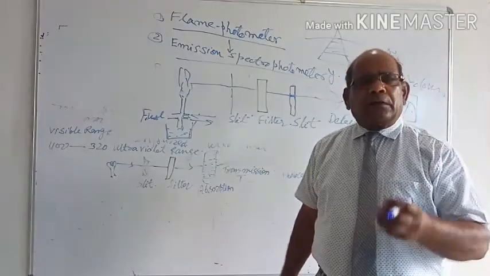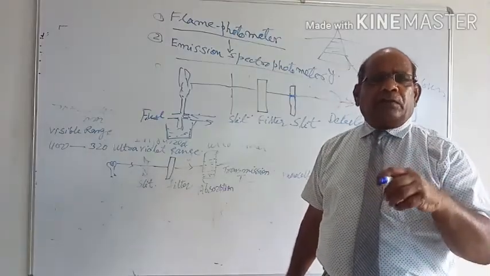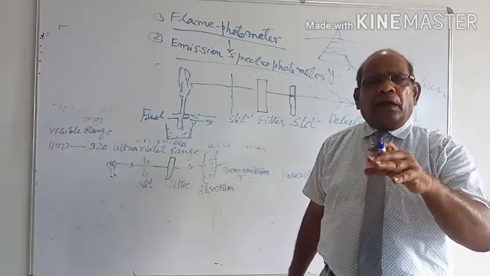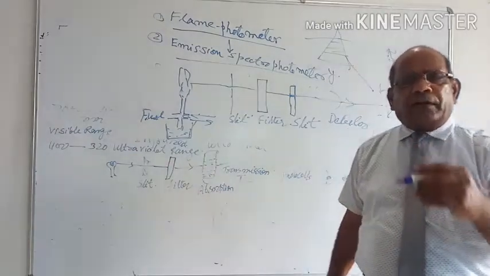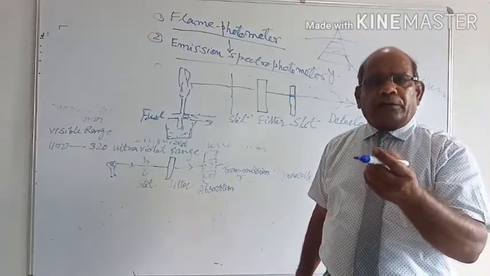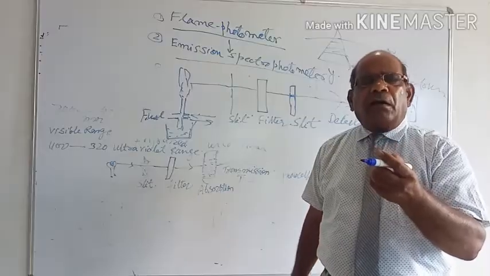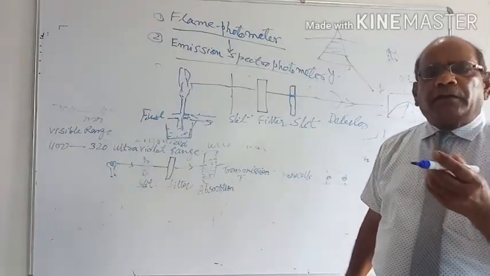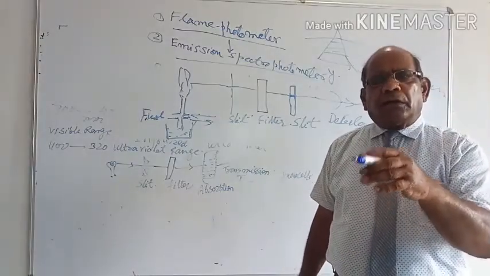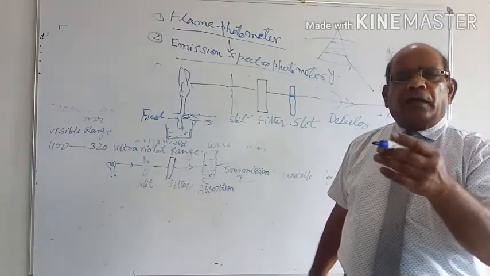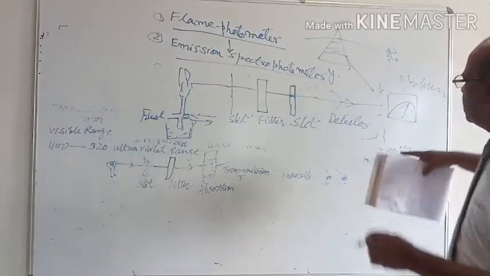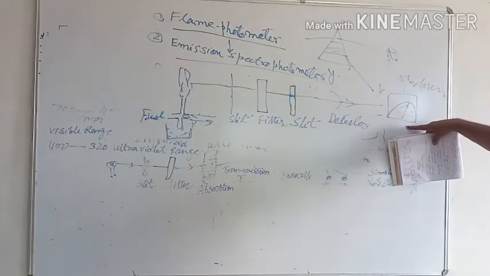When we take the element in atomic state and put it on a heated flame, it gets excited, and on excitation the atom emits certain spectra of light, and this light is made to fall on the photocell, which converts it into current, and this current is recorded on a detector, ampere meter.